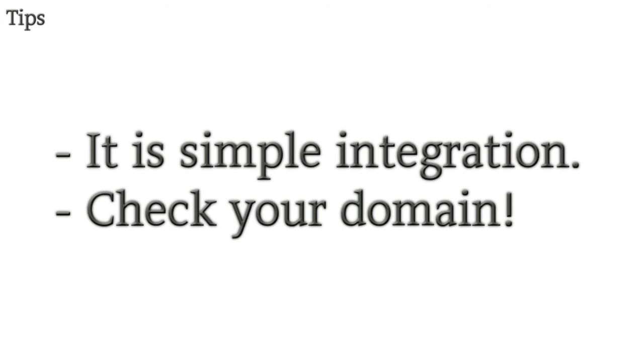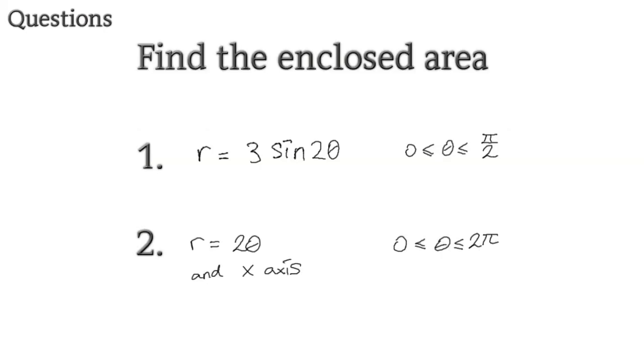Basically that's it. Let's do some example questions. The questions are as shown here. We have question 1, which is a simple one, and question 2, which is enclosed by 2 different lines.